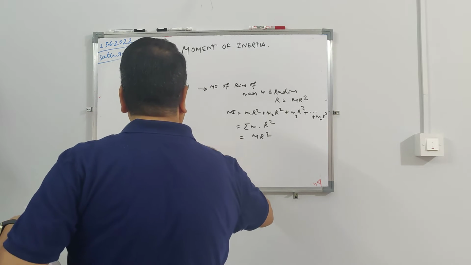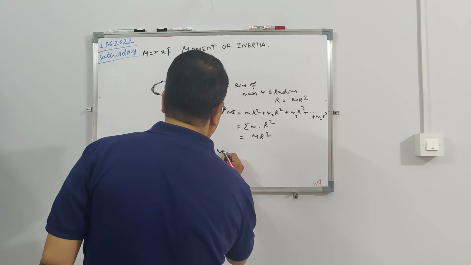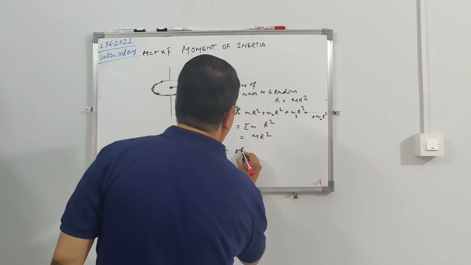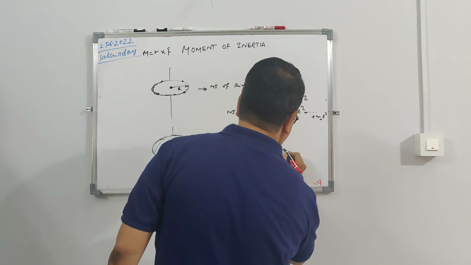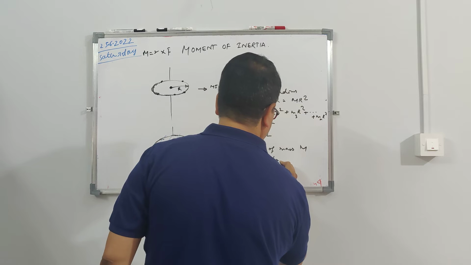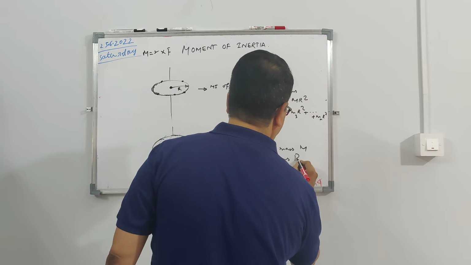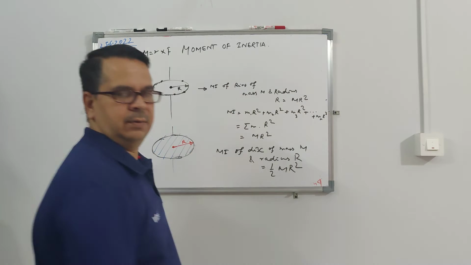So this is called a disc. For a disc, the moment of inertia of a disc of mass m and radius r is equal to half mr square. That you have to remember.